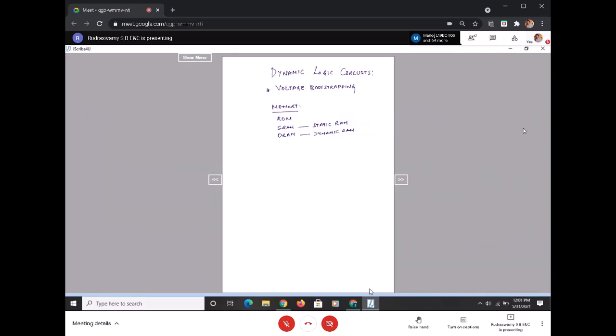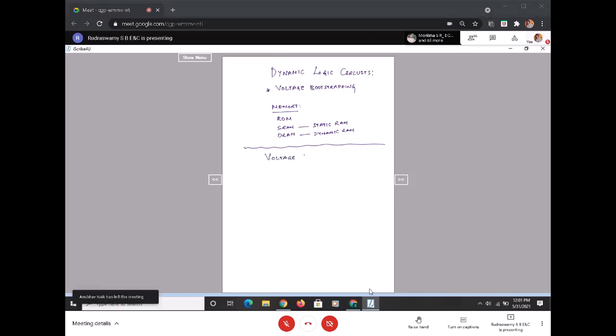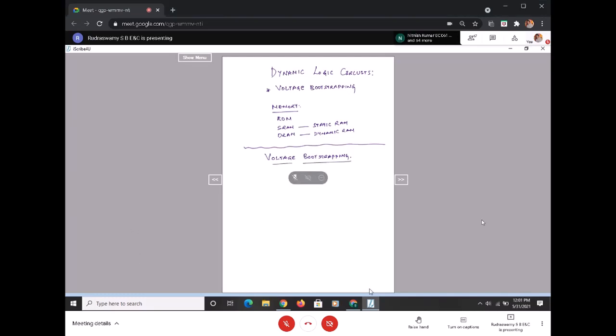Initially, we'll start the final unit with what is called voltage bootstrapping. Anyone heard about this terminology, voltage bootstrapping? It is applicable in BJT also, but here we'll see it in the MOSFET.